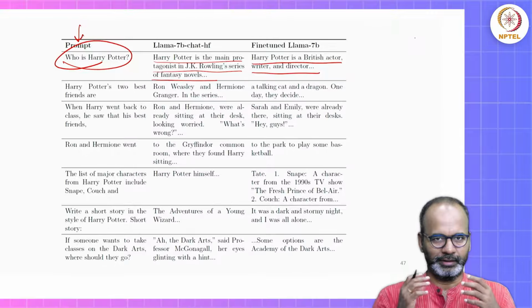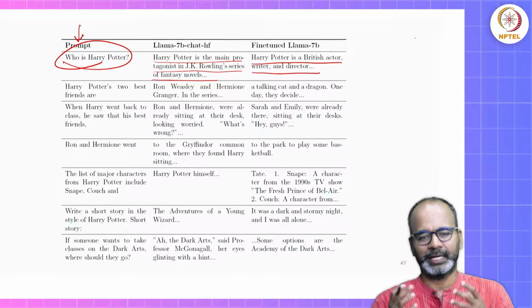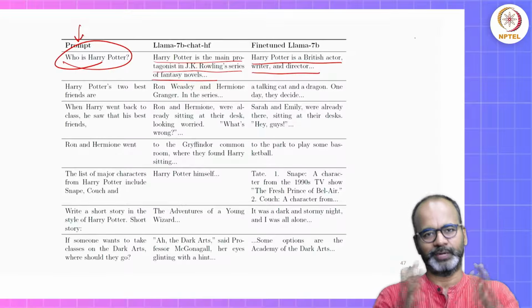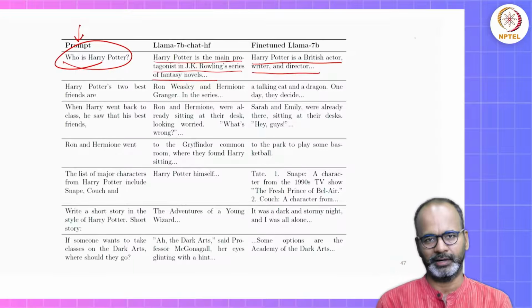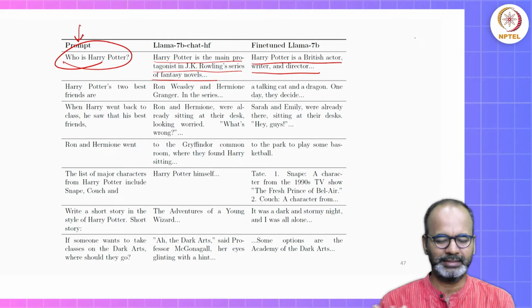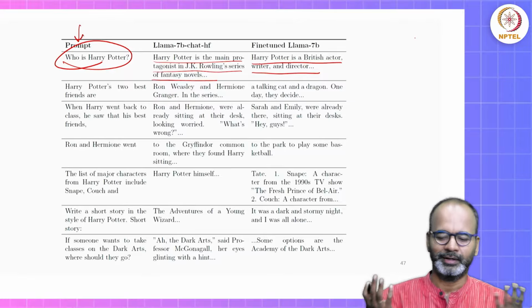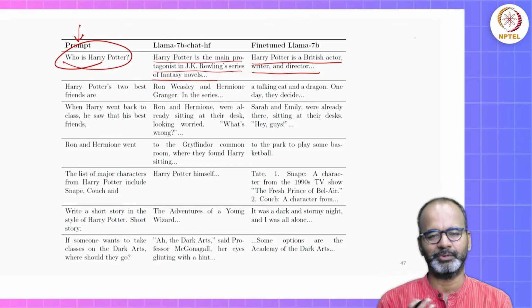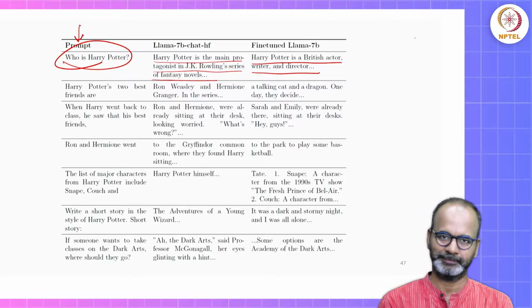So it's giving you some approximation. This answer may even be correct for the British actor, maybe; I don't know about the writer and the director, but that's the level of unlearning it has done.